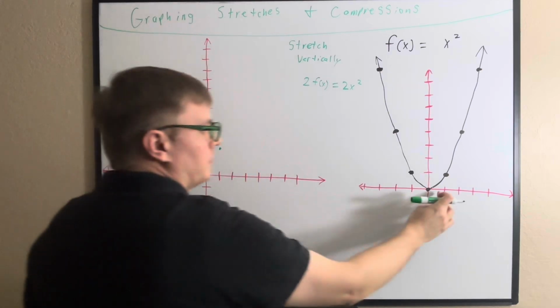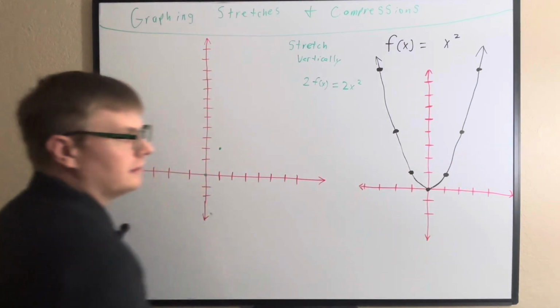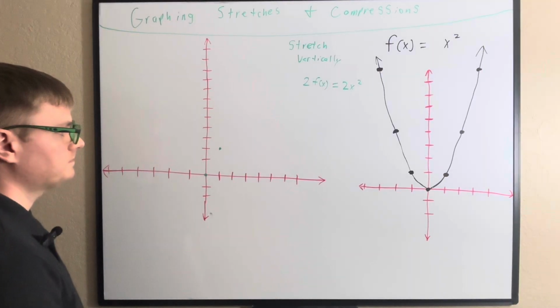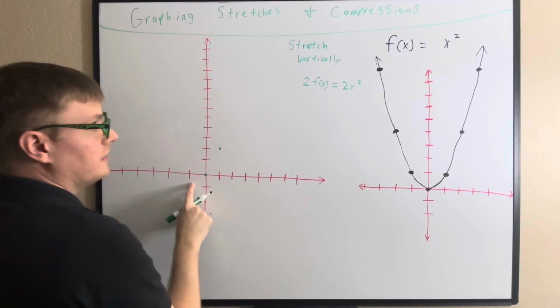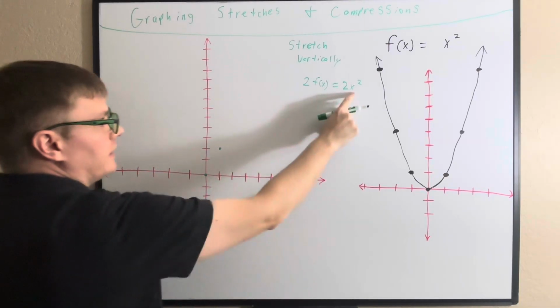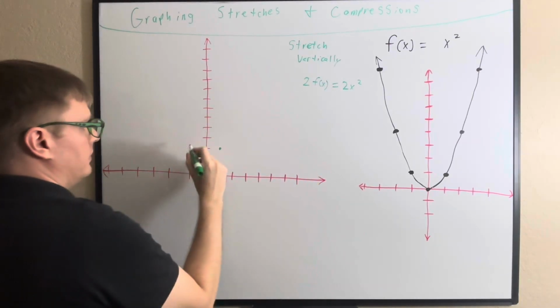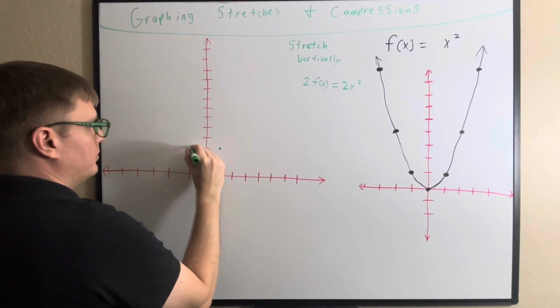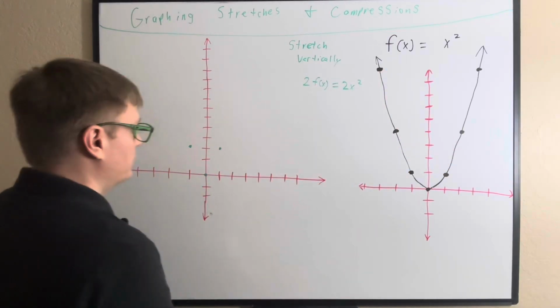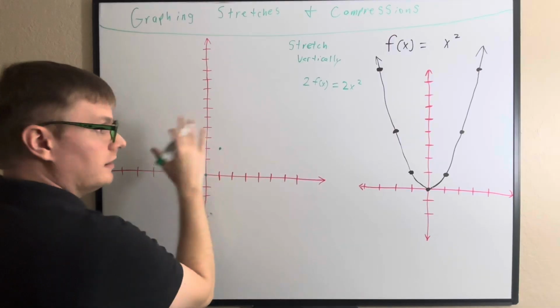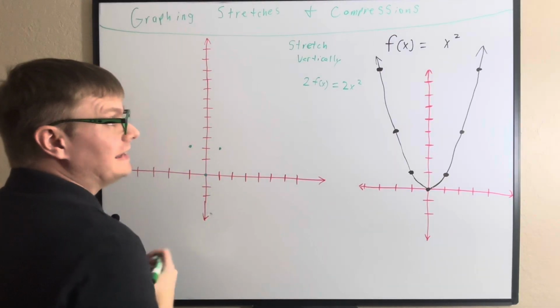Okay, so right away, we've changed it a bit. What's next? Well, negative 1 will get us the same thing, because it's being squared. So negative 1, 2. Essentially, a simple parabola like this is an even function.